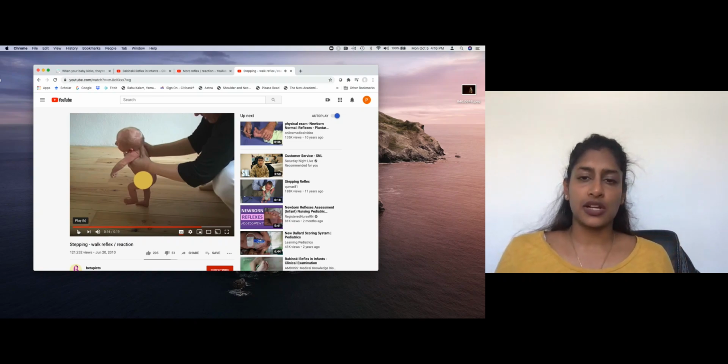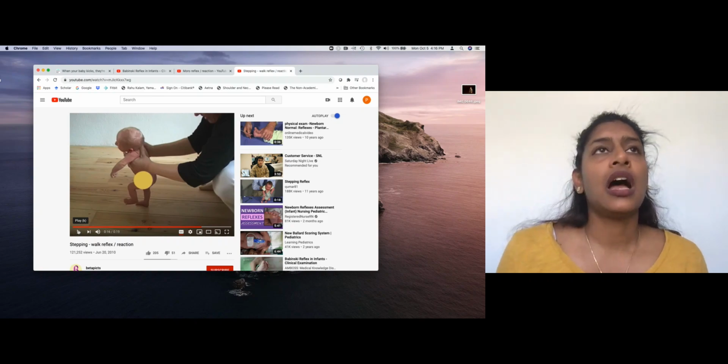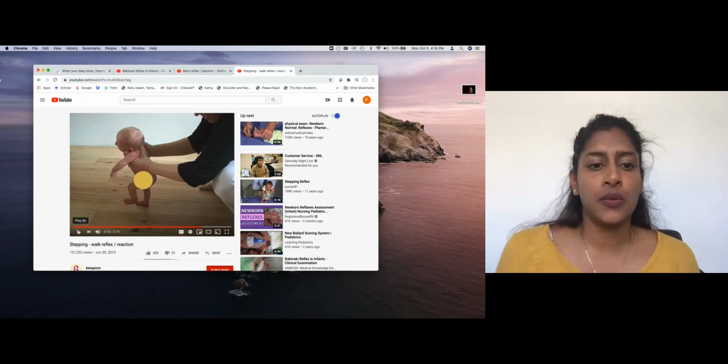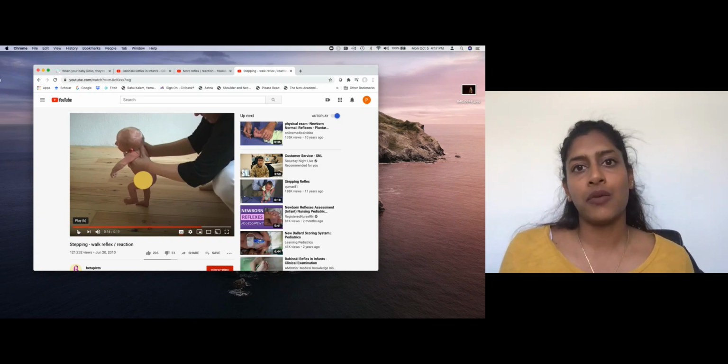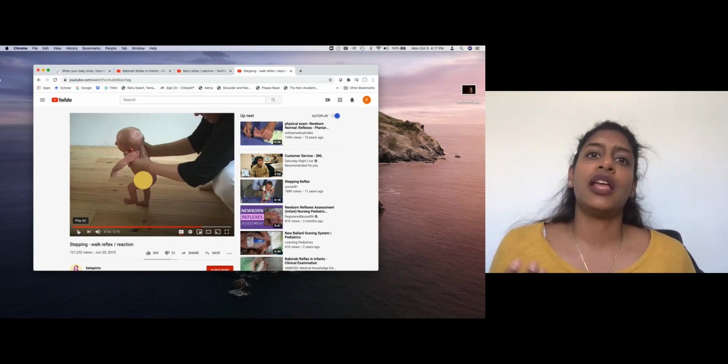This one's really quite fascinating. There was a research study where they took children and put them into water, and you actually saw this stepping reflex. The conclusion that the researchers came to was that the top part of our body weight becomes so heavy that we're not able to hold it up.